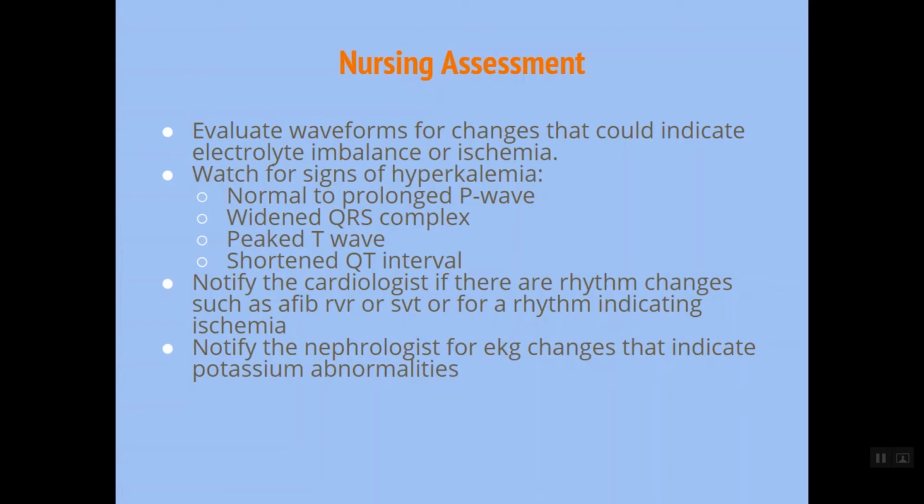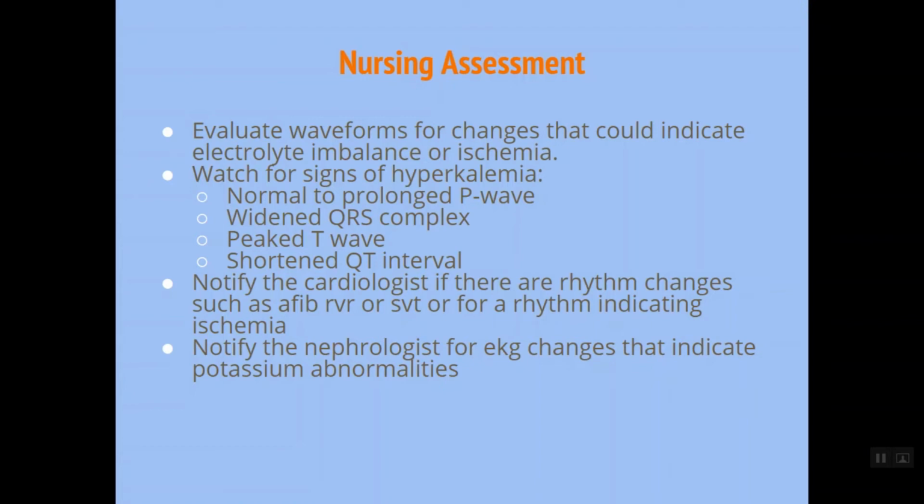You want to notify the cardiologist if there are any rhythm changes such as AFib RVR, SVT, or rhythm indicating ischemia. Cardiologists will be consulted on patients if they're greater than the age of 65 or if they have a significant cardiac history, such as a CABG in the past or coronary artery disease.